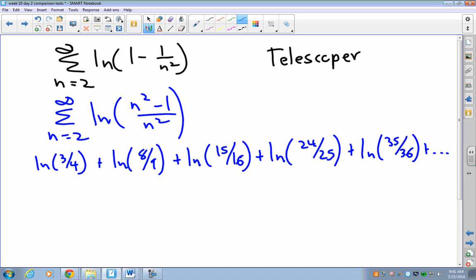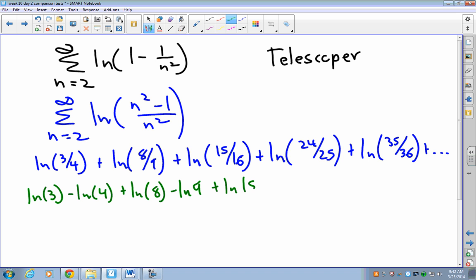Okay? I don't see telescoping yet, because for telescoping you should be expecting a plus and a minus, a plus and a minus, a plus and a minus. What can you do with ln's of fractions on the inside? Split them up. So then this could be written as ln of 3 minus ln of 4 plus ln of 8 minus ln of 9 plus ln of 15 minus ln of 16.